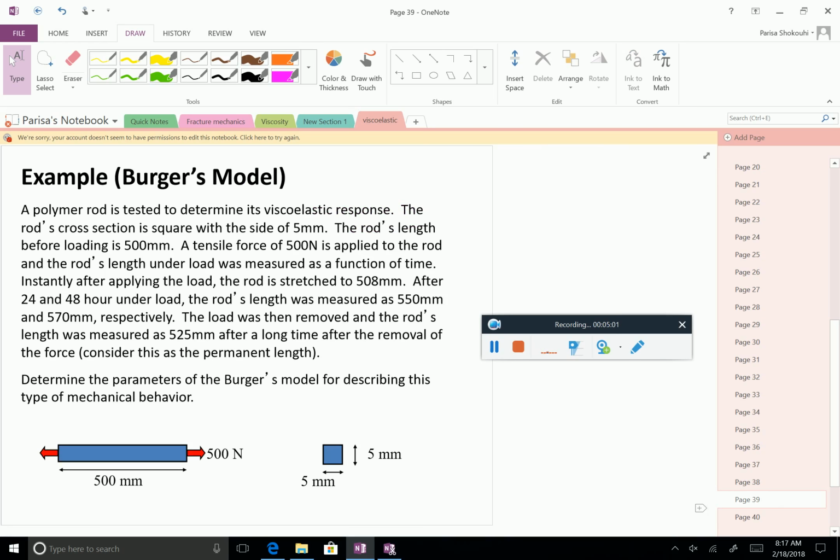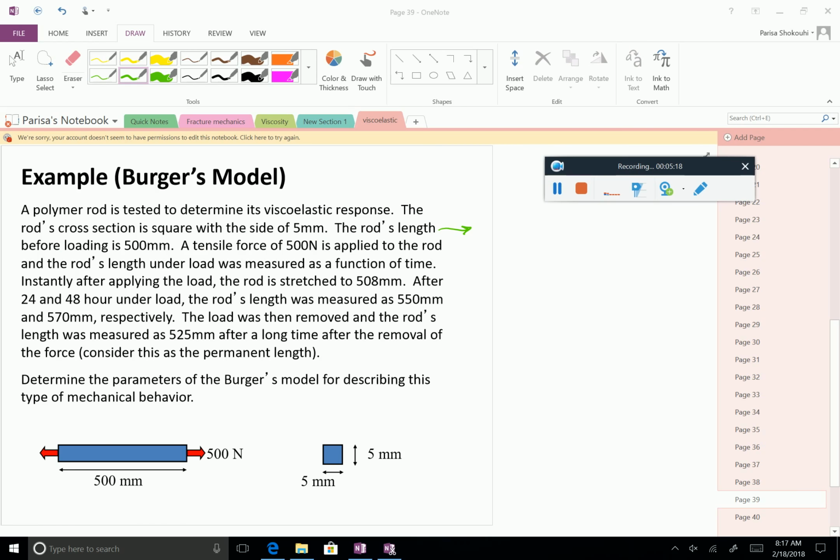The second problem concerns a polymer rod, and the cross section is a square. Each side is 5 millimeter, and the original length, so the rod length before loading, L0, is 500 millimeters.